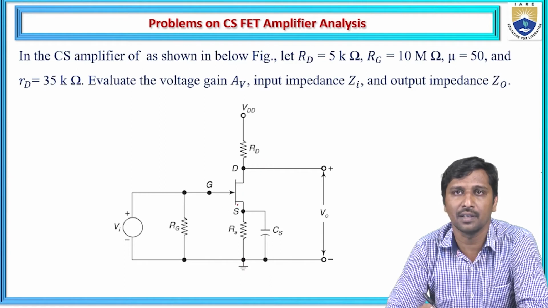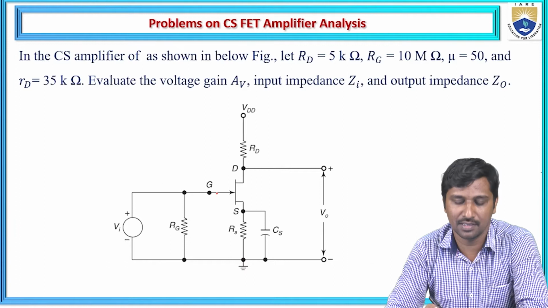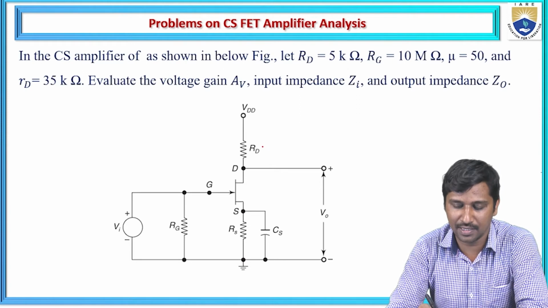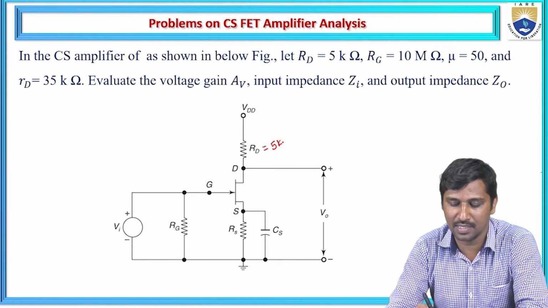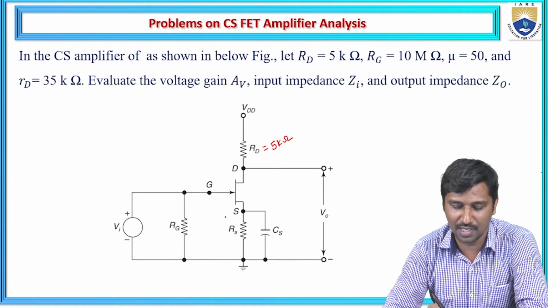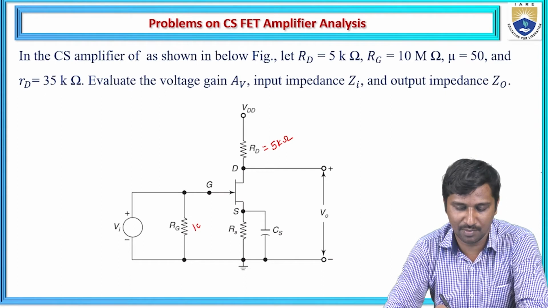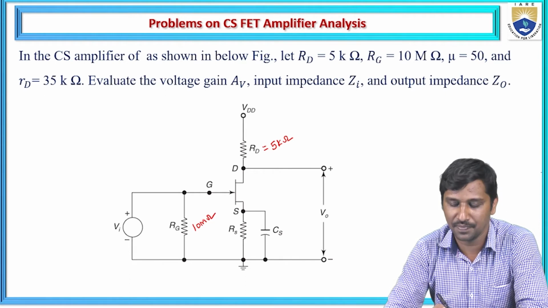Input is measured across the gate terminal, and output is measured across the drain terminal. The external drain resistance is 5 kilo ohms, and the gate resistance is 10 mega ohms.